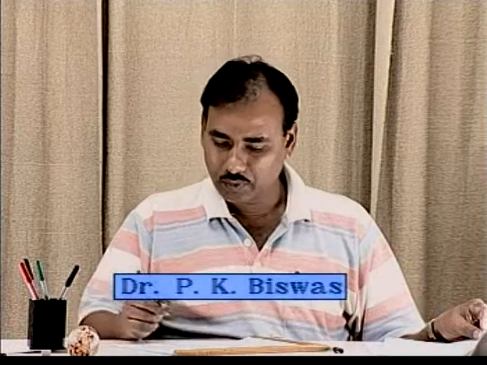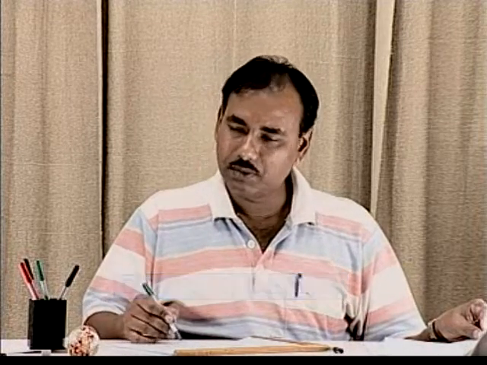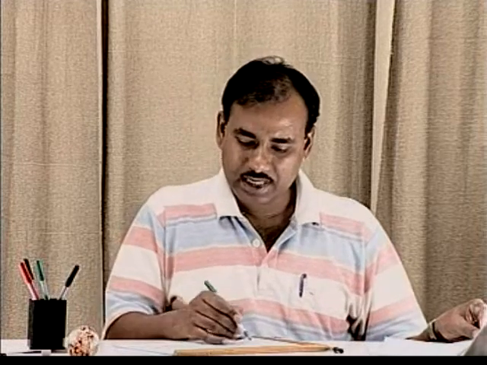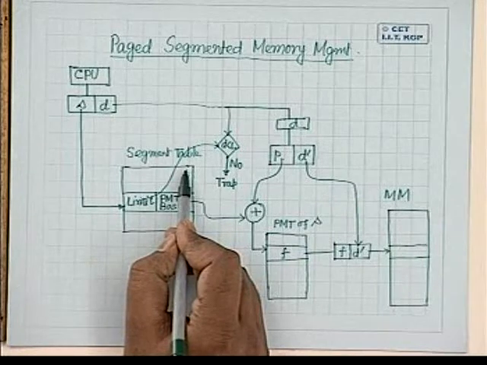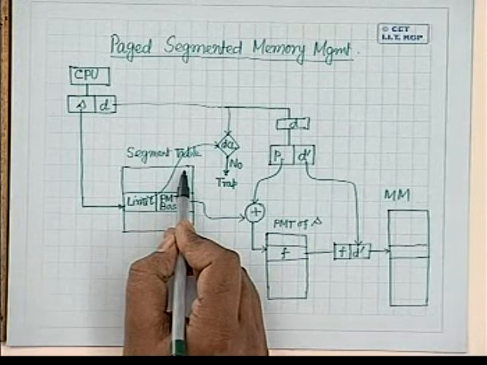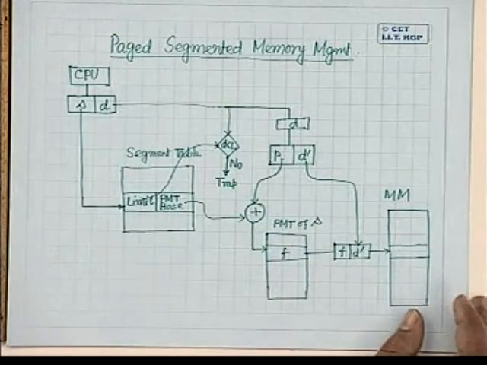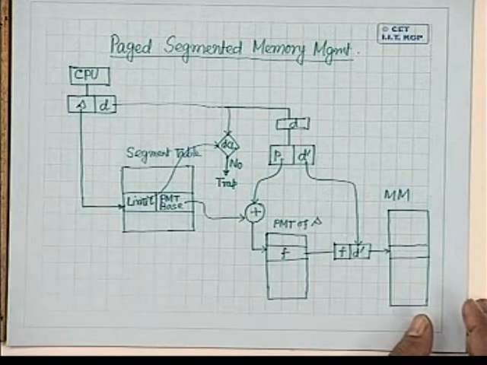But I need 4 free frames where I can load this entire segment. And that mapping will be given by the page map table of that particular segment. The initial mapping on the segmentation is given by the segment table. Right. So following this, I can exploit the advantage of both segmentation and paging.